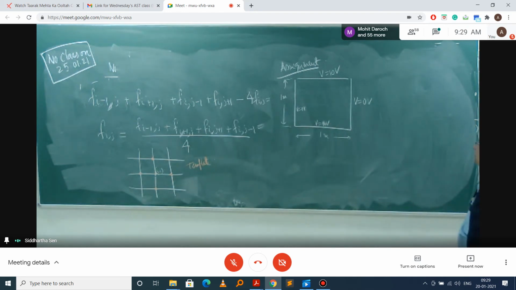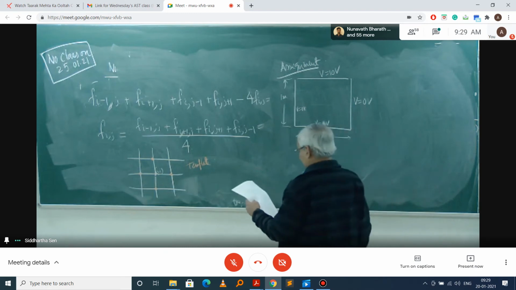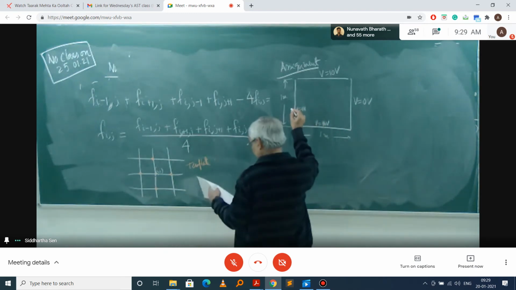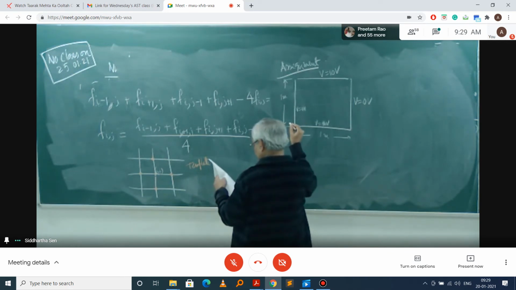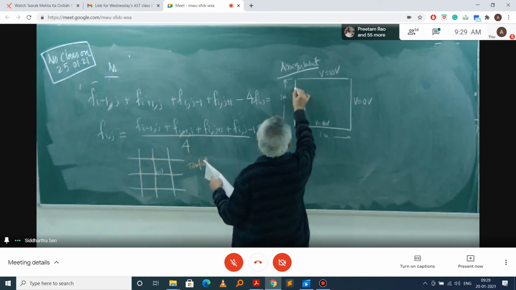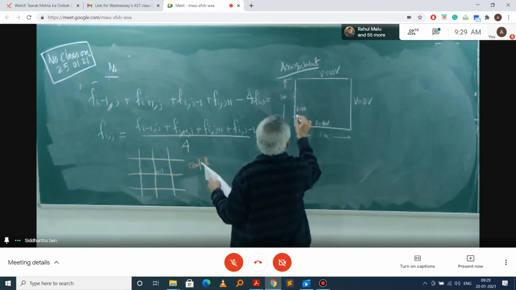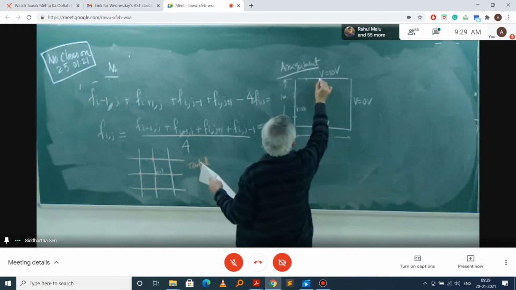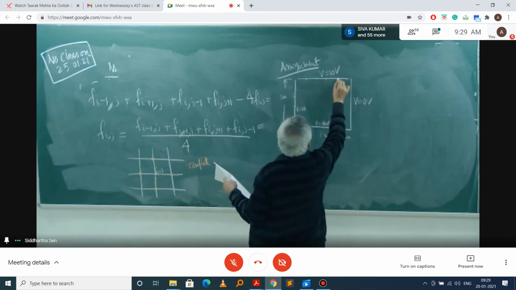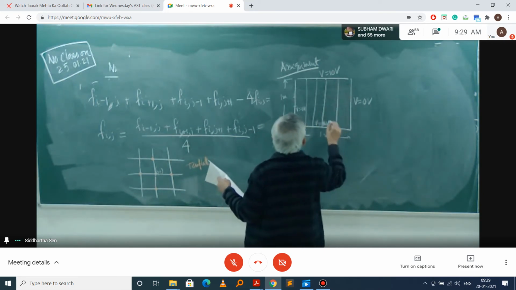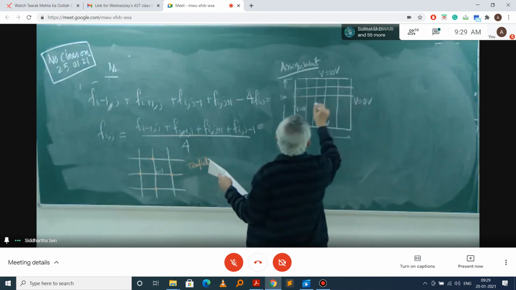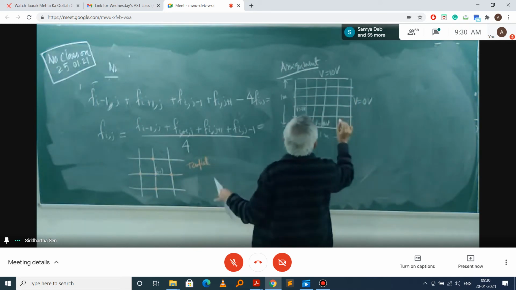So what I want is that I just divide it into, so it's 1, 2, 3, 4, like this.